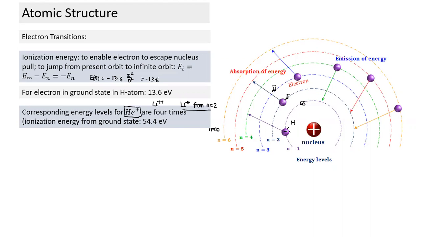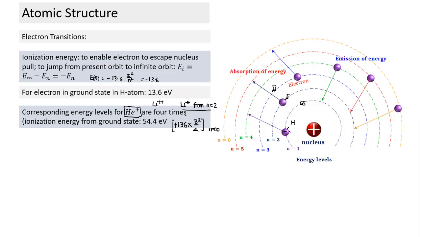You can easily calculate the total energy: minus 13.6 into Z square, which is 3 square, divided by N square, which is 4. This is the energy in the excited state. It has negative energy, so extra energy needs to be supplied to ionize it. This is the energy which needs to be supplied.